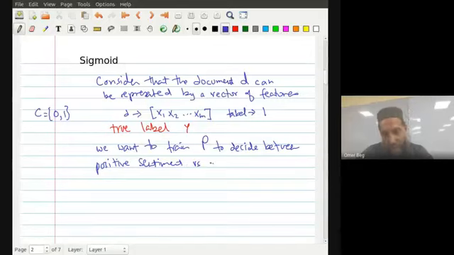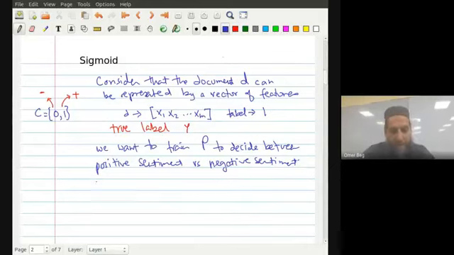In that case, let's say 0 would imply negative sentiment and 1 would imply positive sentiment. So this document would be labeled with a 1.